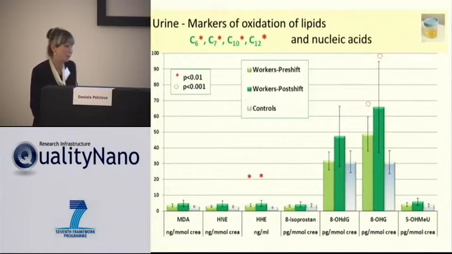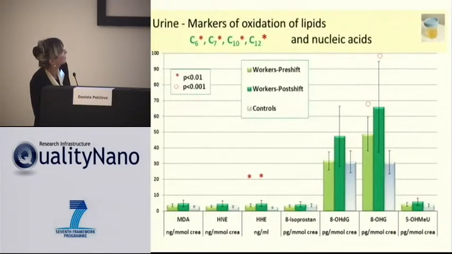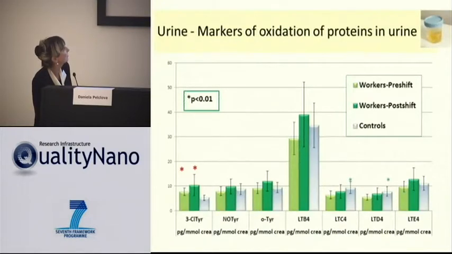As to the oxidative stress markers in the urine, they were not elevated as frequently as in the exhaled condensate, so just some markers, but they included both the lipid markers, as you can see here, and also the protein oxidation markers, and the highest were also nucleic acid markers.